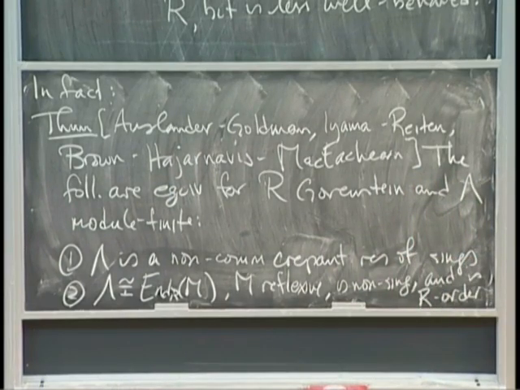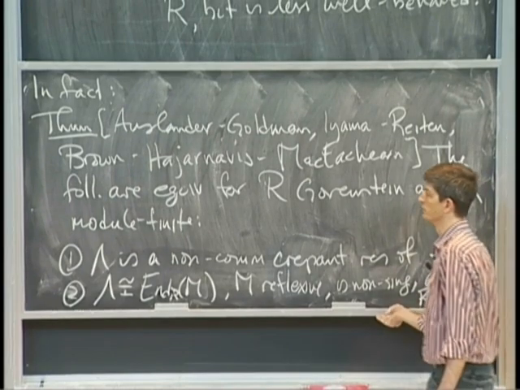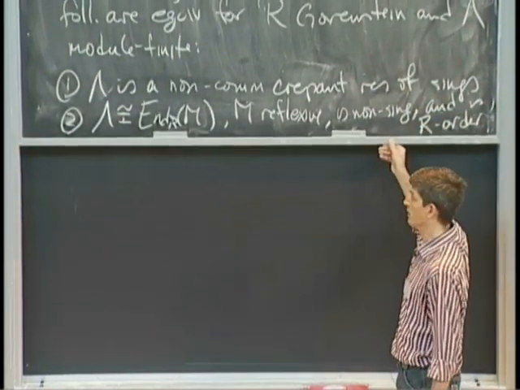So remember what these mean. Non-singular means it has finite global dimension equal to the Krull dimension of R, and R order means that it's maximal Cohen-Macaulay as an R module.